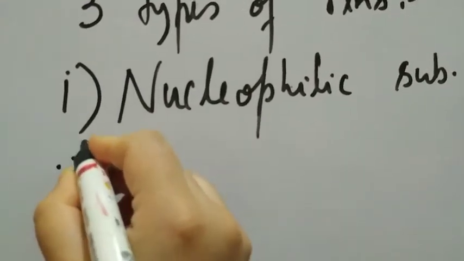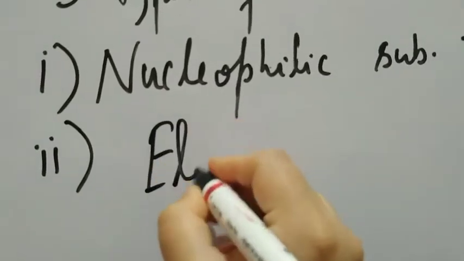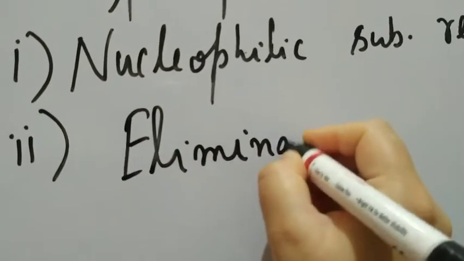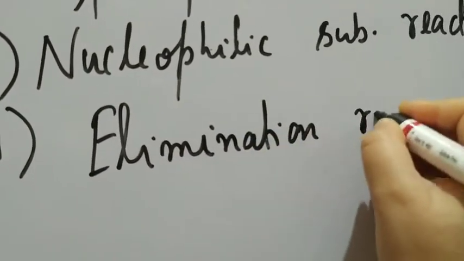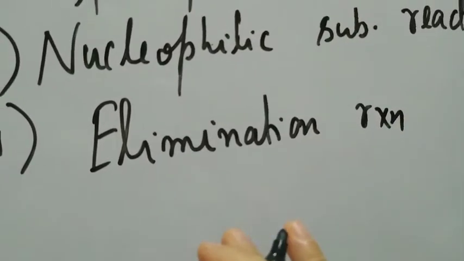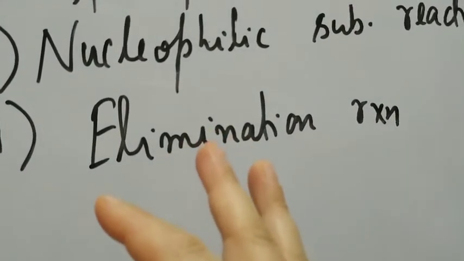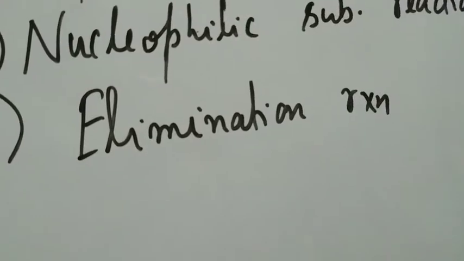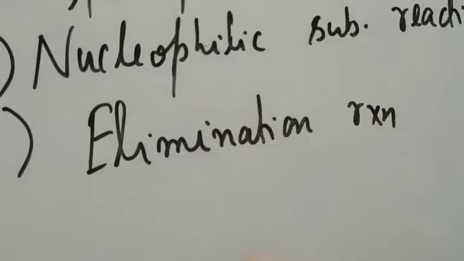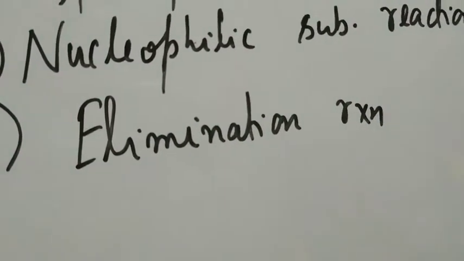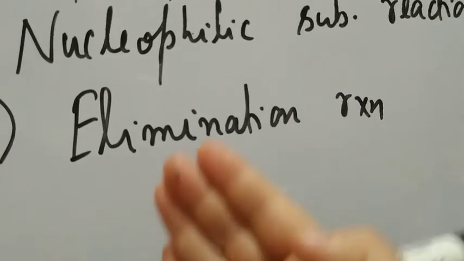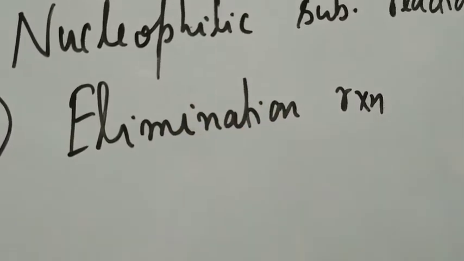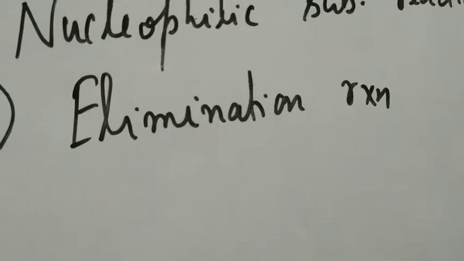Number two, they show elimination reactions. I'm sure you have read about elimination reactions also in your class 11th. Reactions in which atoms or groups of atoms are removed from the compound. Nothing is added. So they generally lead to the formation of multiple bonds. To satisfy the valency, when you remove something, a multiple bond is formed.